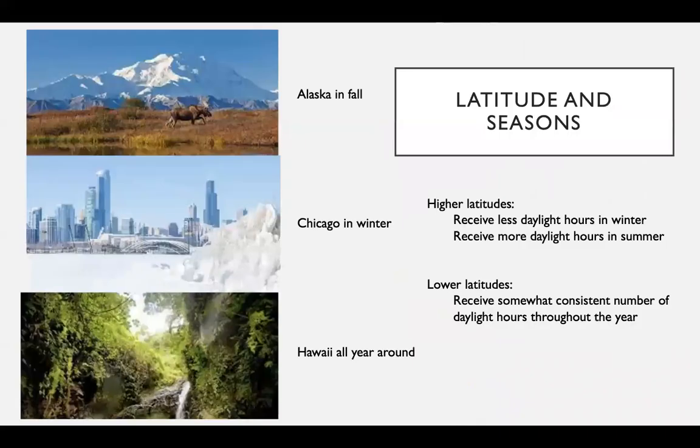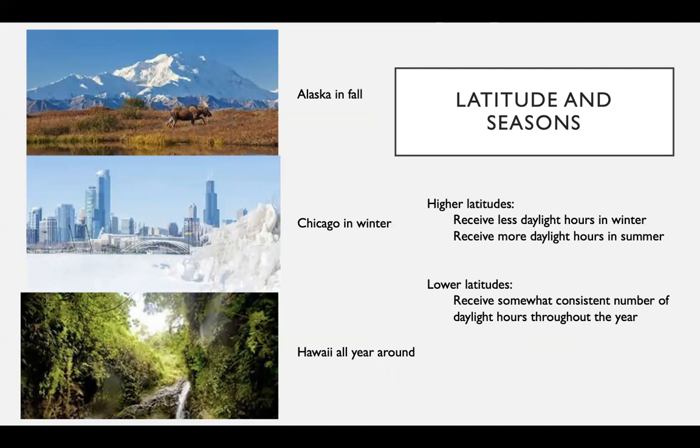Latitude affects the seasons depending on where you are located on the Earth. At the extremes, the North Pole and the South Pole, these are the high latitude regions, and closer to the equator are the low latitude regions. If you just think about it, Alaska has harsh winters, Chicago has somewhat harsh winters, and Hawaii has pretty mild winters. This is due to where they are located.